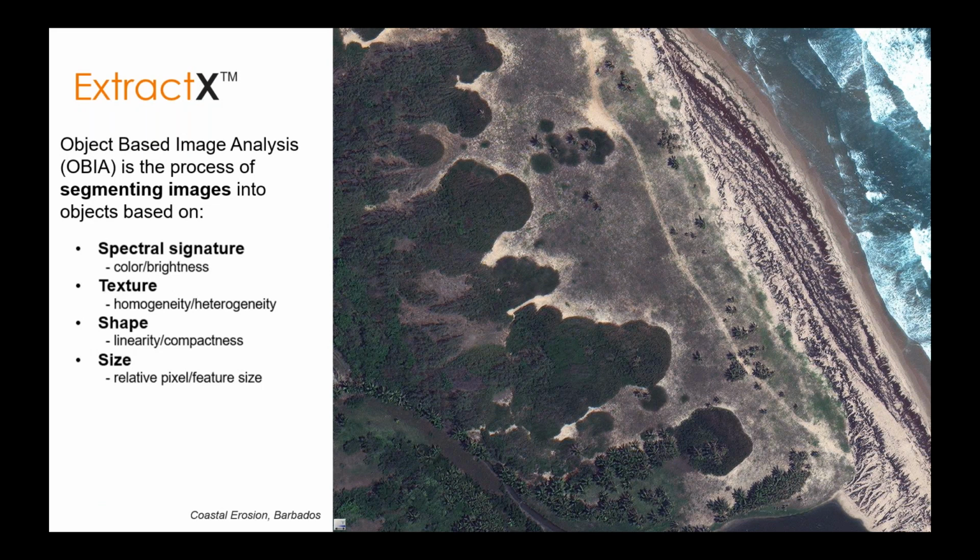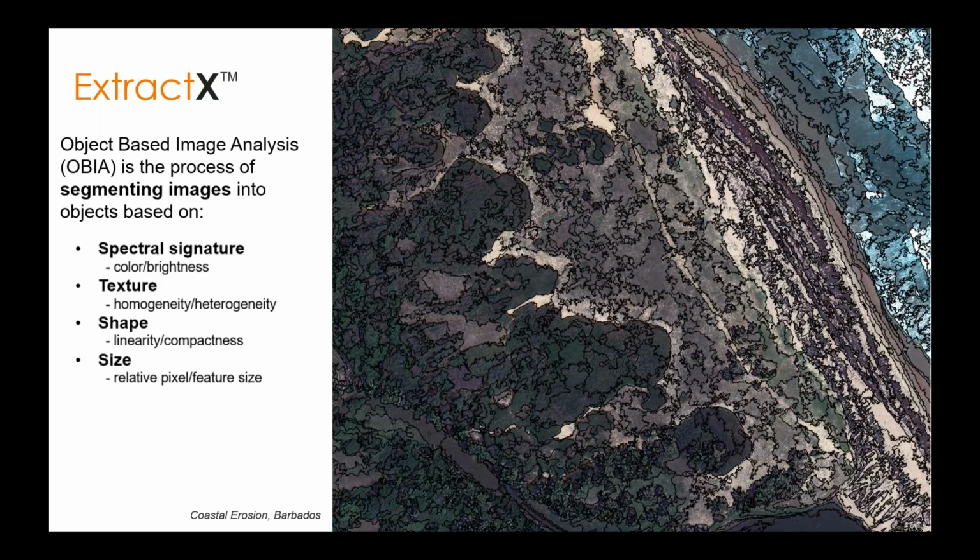So ExtractX, this is really our detailed mapping service. ExtractX is built off something called object-based image analysis. And it's essentially doing what the human brain does instantaneously. It breaks down the image into recognizable features, and it does this using color, texture, shape, and size.